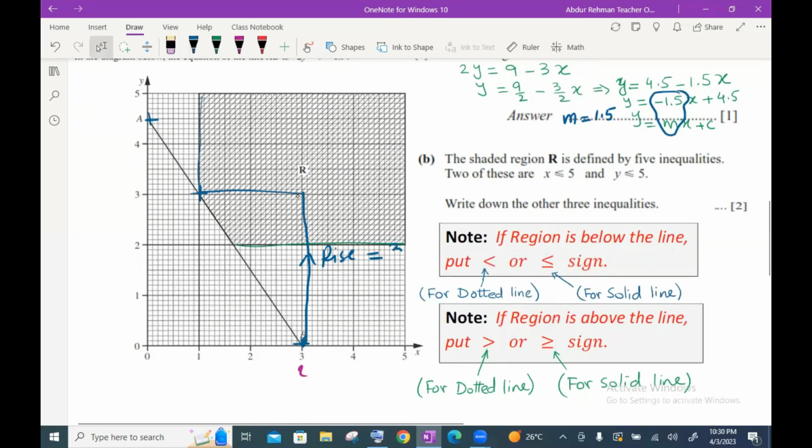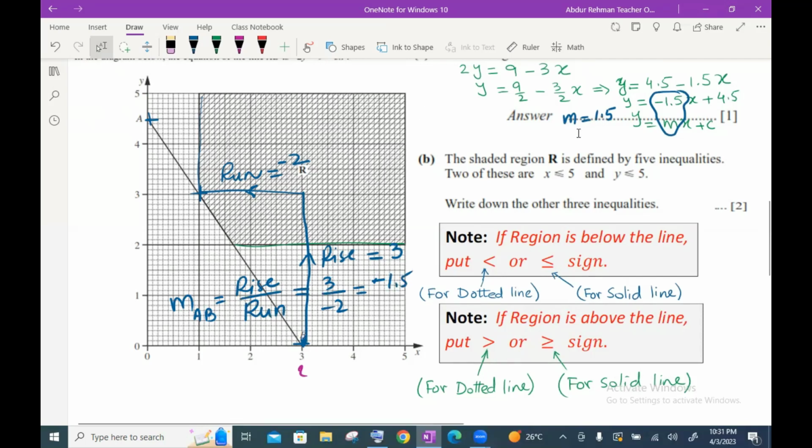Rise is 3. And the run is 2 units, minus 2. So m equals rise over run. The gradient of AB will be rise over run. Rise is 3 and run is minus 2. The gradient will be minus 1.5. Look at the answer, minus 1.5.